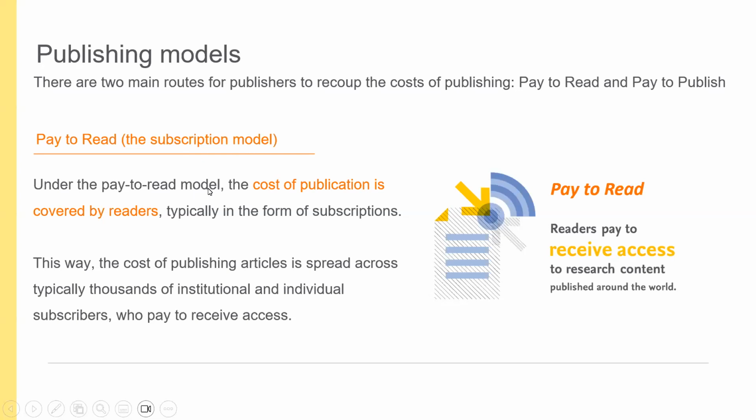Under the pay to read model, the cost of publication is covered by the readers, not the authors. This way, the cost of publishing articles is spread across many institutions and individuals who subscribe to read the papers included in platforms like ScienceDirect. So readers pay to receive access to research content, to get the information from your published papers.